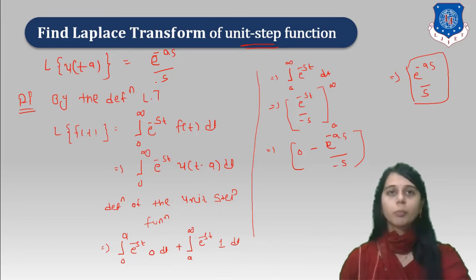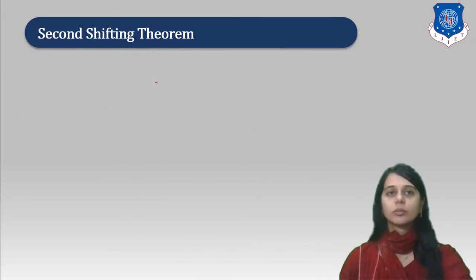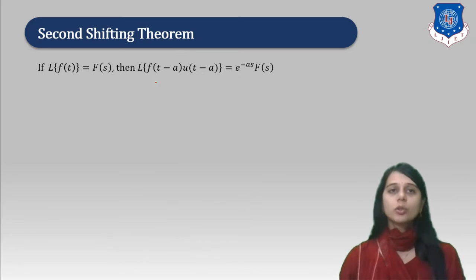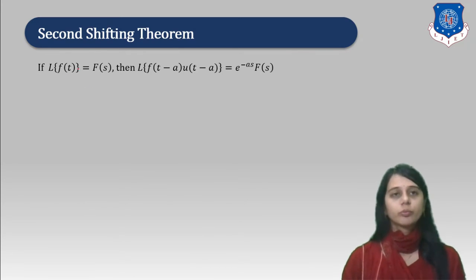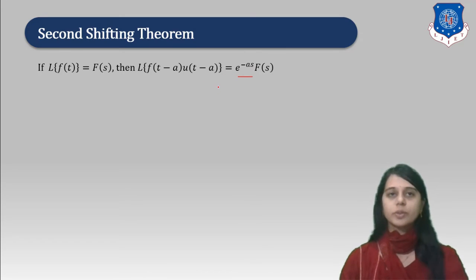Okay. Now, the second shift theorem. It also depends on the unit step function. Statement: if Laplace of f of t equals F of s, then Laplace of f of t minus a u of t minus a equals e raised to minus as F of s.